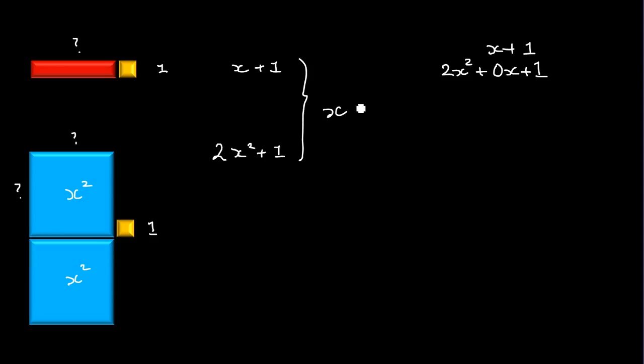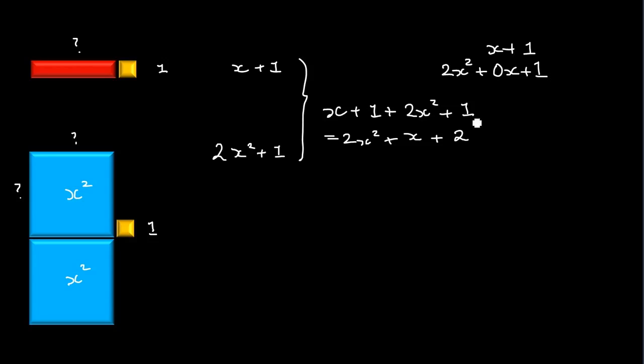So we've got x plus 1 plus 2x squared plus 1. Gather together any like terms. There's only these numbers that are alike. So we've got now 2x squared plus x plus 2. 2x squared, x plus no x's is x plus 2.